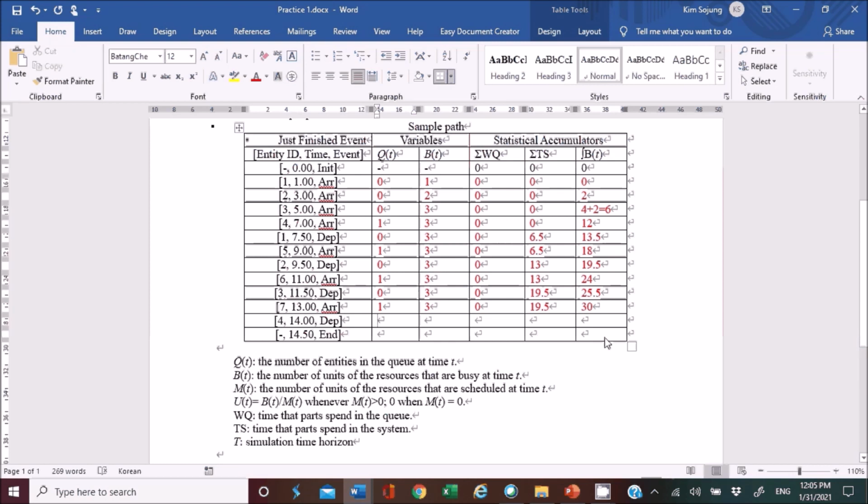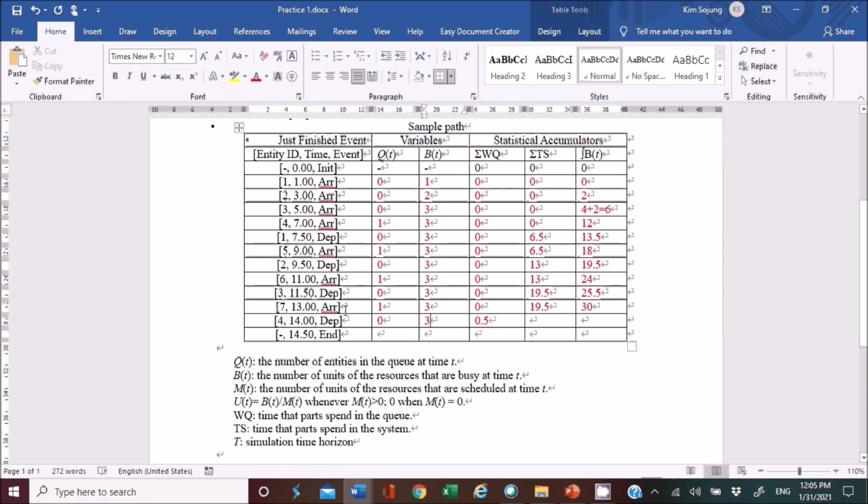Okay, so this is a departure event of entity 4, and as you know, there was a waiting time for entity 4, which is 0.5, right? So here, if you check it, entity 4 spent 0.5 in the queue, right? And this is a departure event, so this value QT becomes 0, BT becomes 3, right?